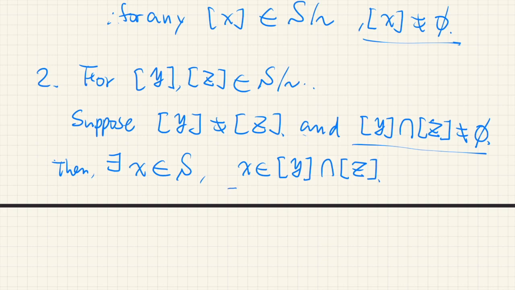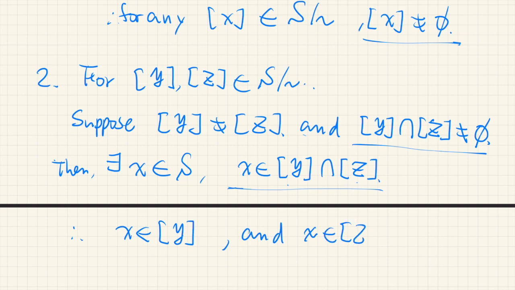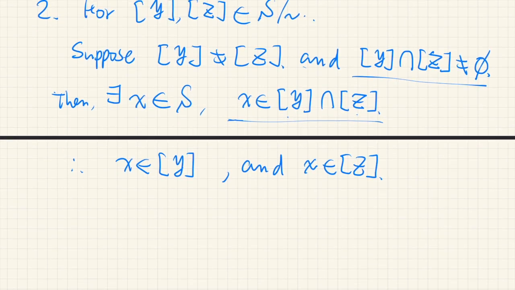Okay, so from here, because x belongs to the intersection, x belongs to the equivalence class of y, and x belongs to the equivalence class of z. So we have x is equivalent to y, and x is equivalent to z.